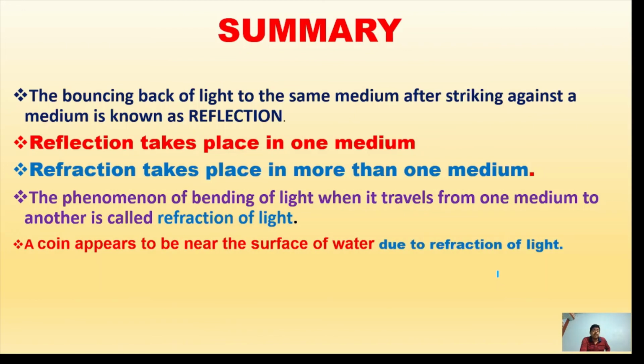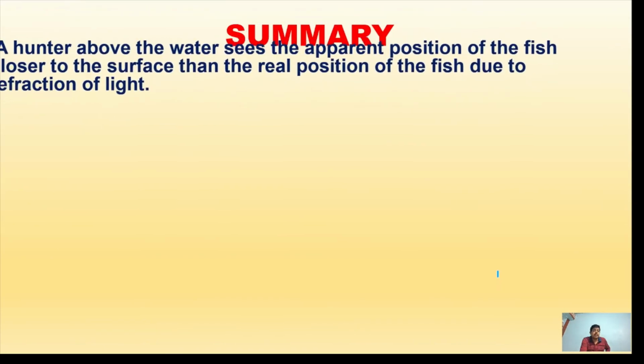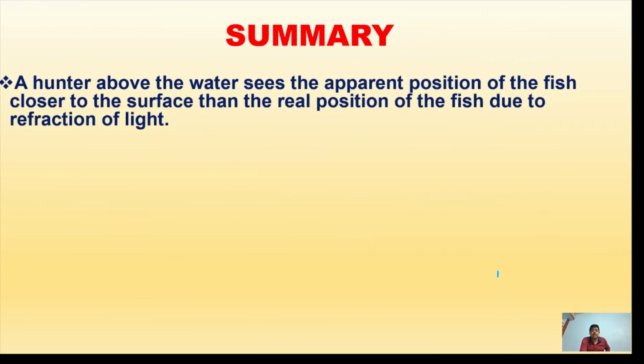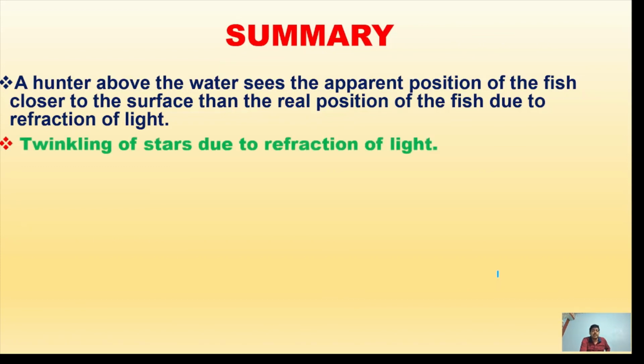A coin appears to be near the surface of water due to refraction of light. A hunter above the water sees the apparent position of the fish closer to the surface of water than the real position of the fish, due to refraction of light. Twinkling of stars is due to refraction of light.